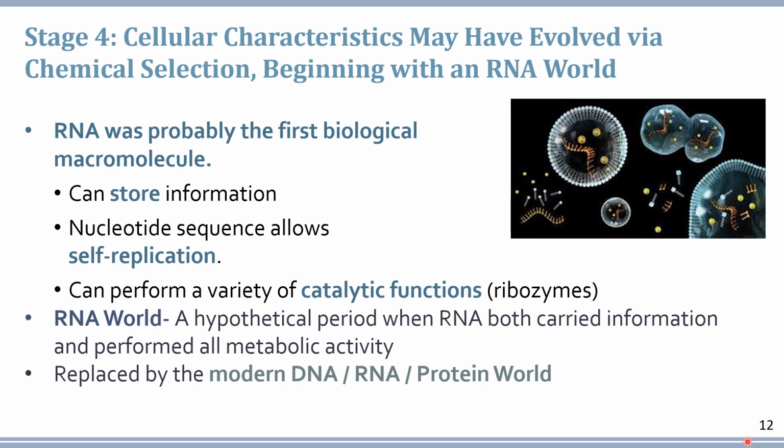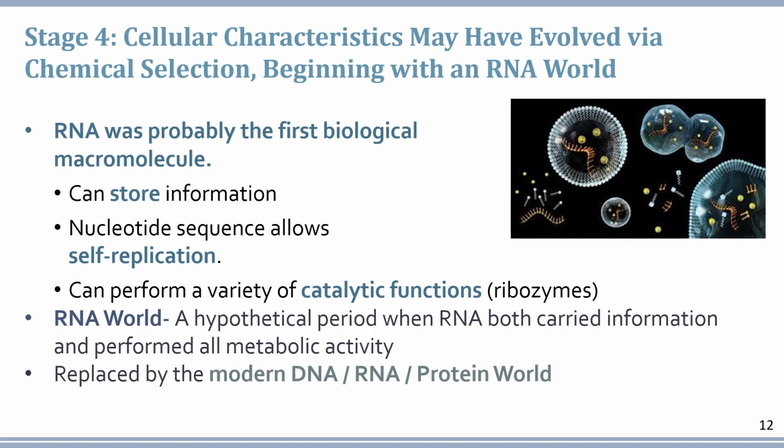But the other more important or interesting reason that we think that RNA was probably the first biological macromolecule is because of a type of molecule we find today called a ribozyme. A ribozyme is an RNA molecule that functions as an enzyme. So this is not a protein enzyme, this is an RNA enzyme.